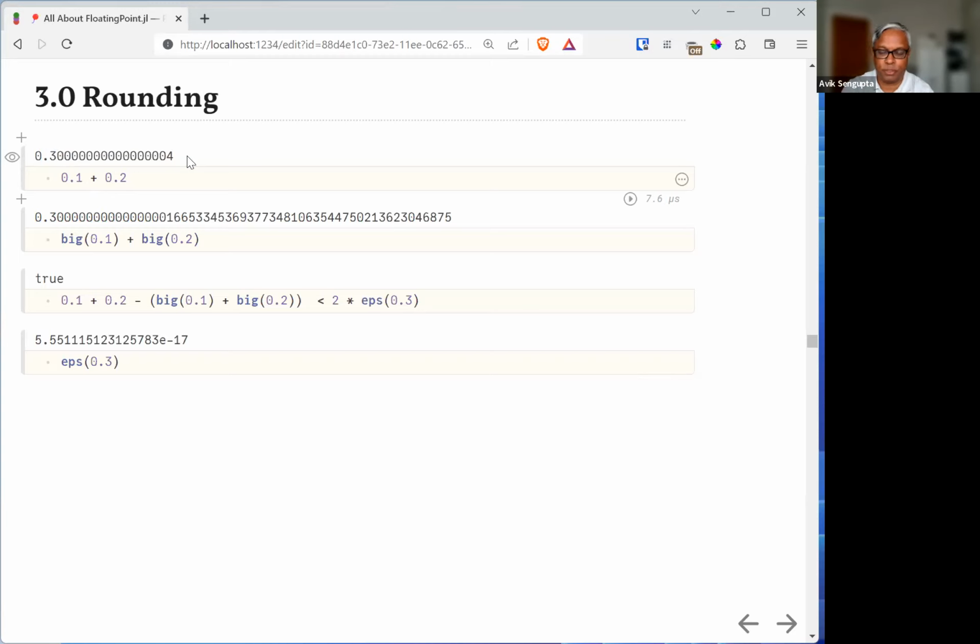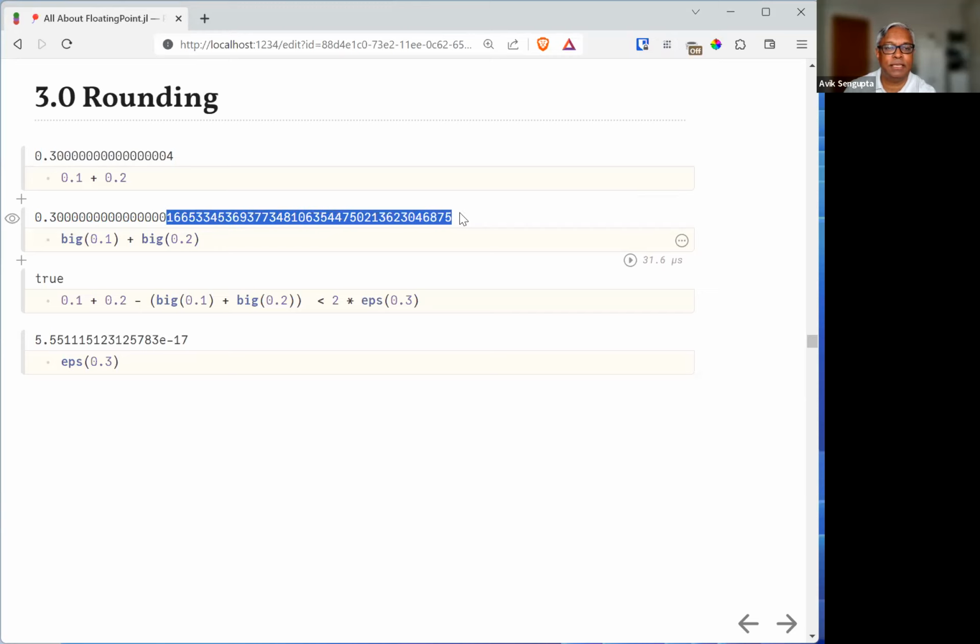So you can get more precision by using big floats. If you convert 0.1 to a big float and 0.2 to a big float, then you will see that instead of getting 4 in this position, you get 0 in this position and then a 16653 at the lower significant positions, right?